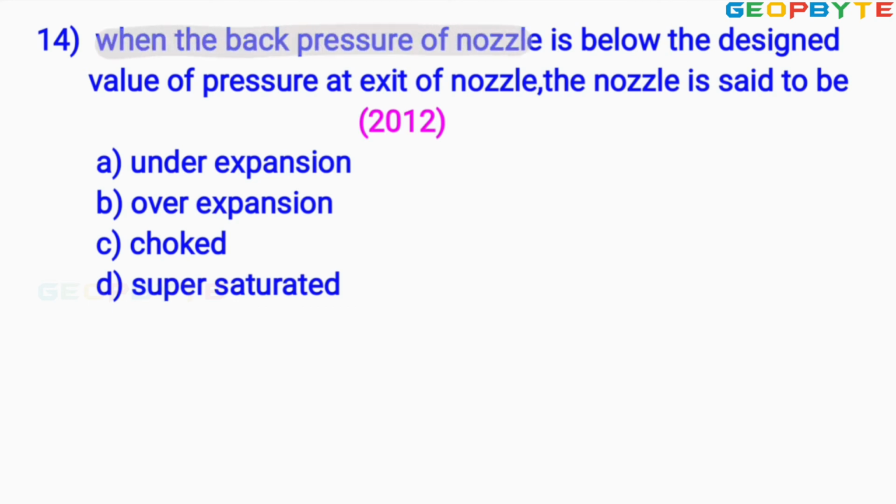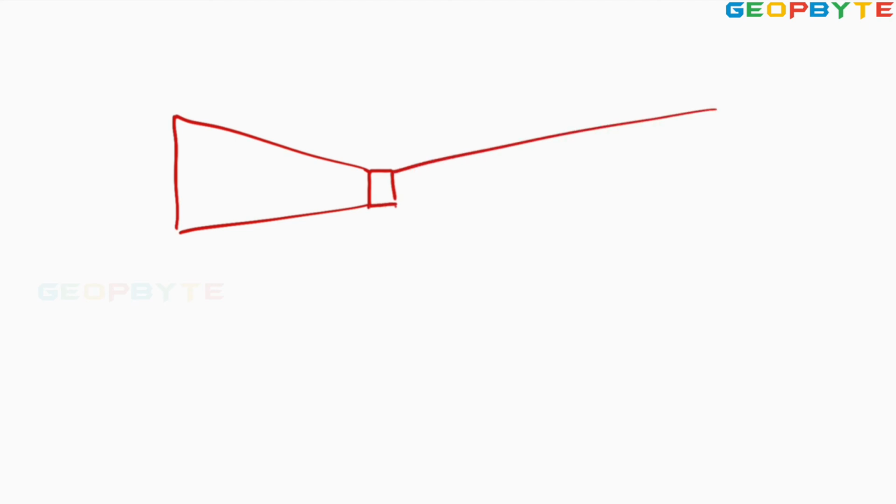When the back pressure of the nozzle is below the designed value of pressure at exit of the nozzle, the nozzle is said to be, it is like this. Dear friends, if I take the converging diverging nozzle, it consists of a converging portion, throat portion, and diverging portion.